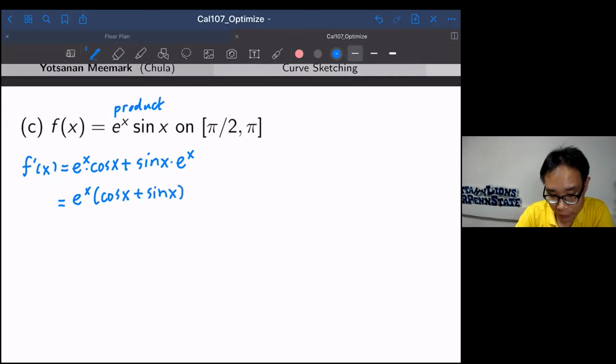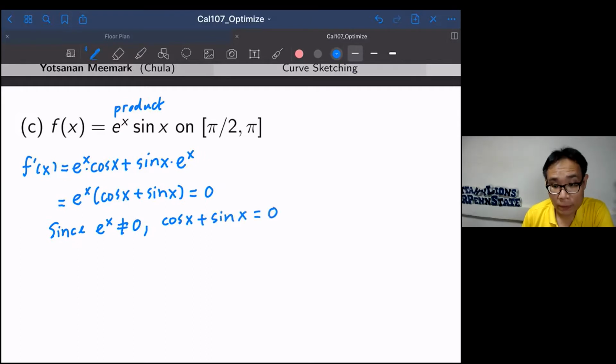And this equals 0. Since e to the x is never equal to 0, because its graph is always above the x-axis, we have cos x plus sine x equal to 0.